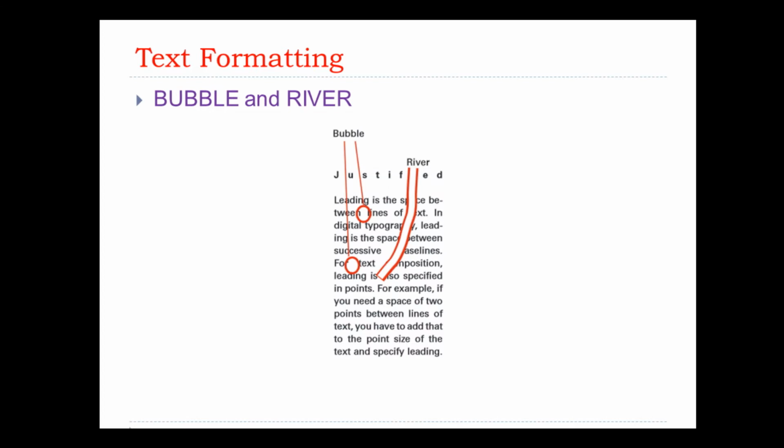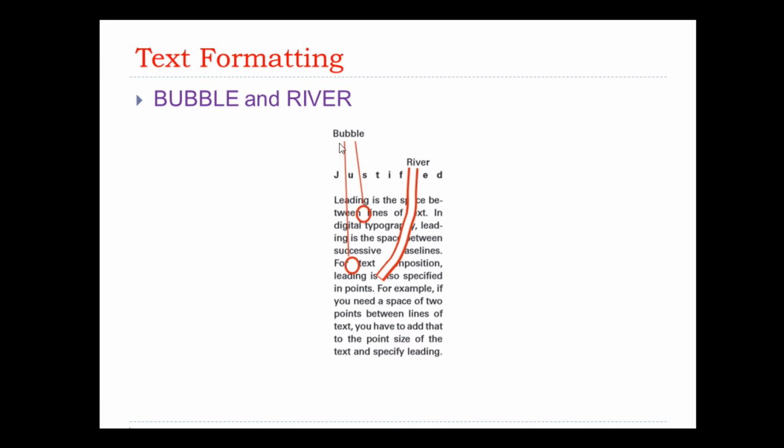The first term associated with the irregularity is bubble. Bubble is an unwanted or ugly white space indicated right here, which appears between words. So here we can see the unwanted space between two words, which is quite inappropriate in this context.